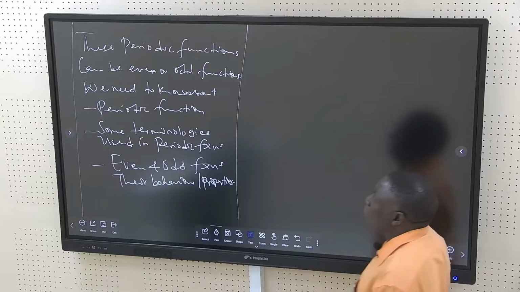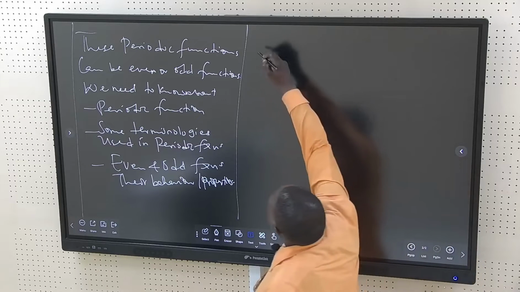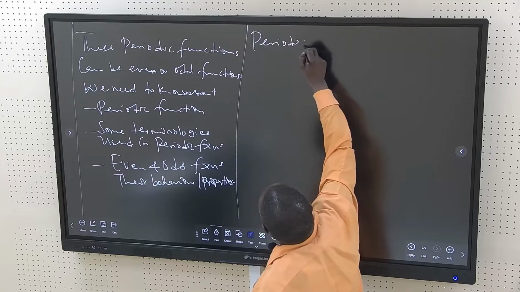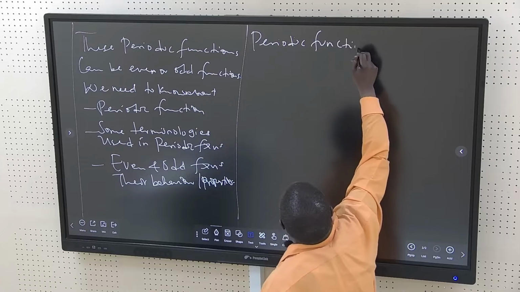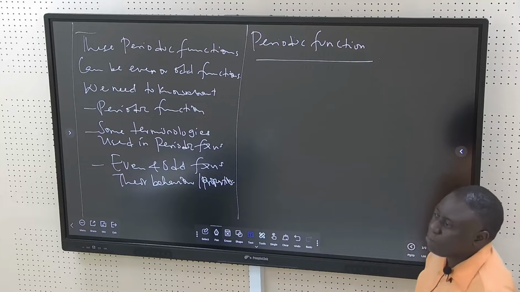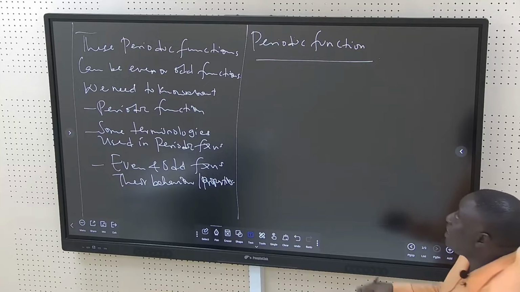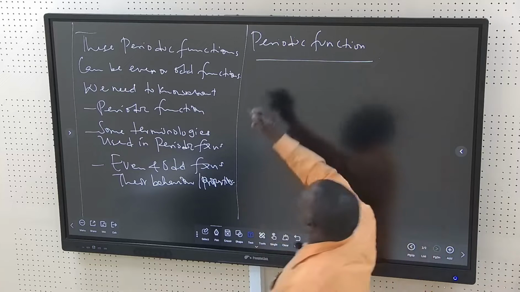Starting with these periodic or discontinuous functions, let us see some examples and a good definition of periodic functions. We say these are functions which have a behavior of repeating themselves after a certain interval, or a behavior of copying and pasting themselves.